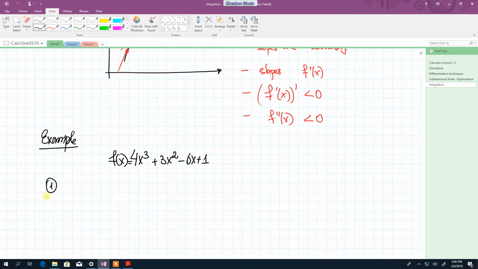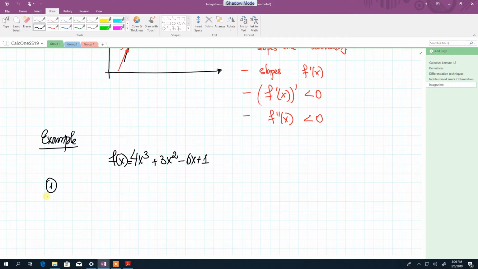The absolute maximum can be a local maximum as well, but a local maximum might not be the highest point. The point where the function gets its highest value is called the absolute maximum, okay?